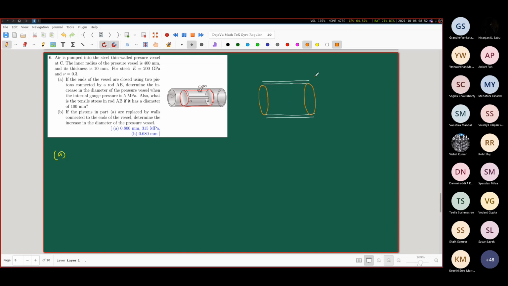And the fluid pressure is acting on this thing. My question is that, do you think there will be any longitudinal stress in these thin walls of the pressure vessel? No, sir.